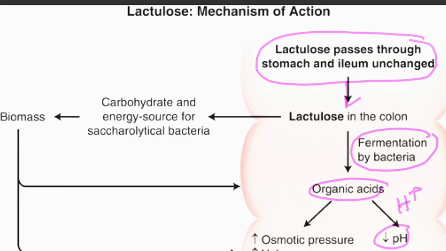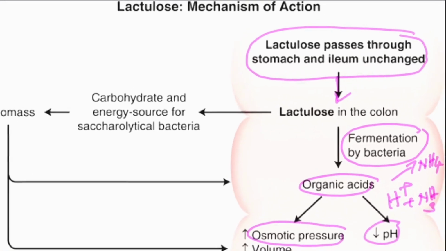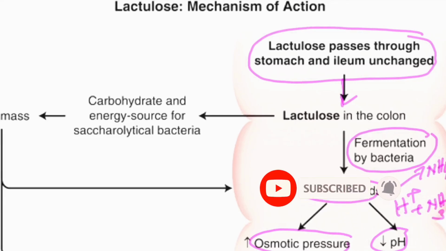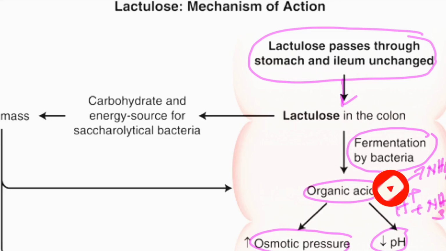Hydrogen ions combine with the ammonia to form ammonium, NH4, which cannot be absorbed, and so it is excreted. In addition, because of the osmotic effect, it prevents constipation and clears the bowel. It has a laxative action, plus it helps in converting ammonia into ammonium, which will not be absorbed.